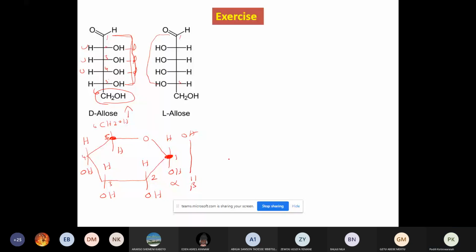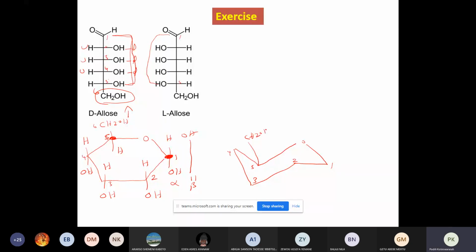Coming to the same thing, as I already said, when you are writing the chair conformation, we need to draw the structure of the chair. Here all the substituents can take up 2 orientations, either axial or equatorial. So this is the carbon 1, this is 2, this is 3, this is 4, this is 5, and this is 6.